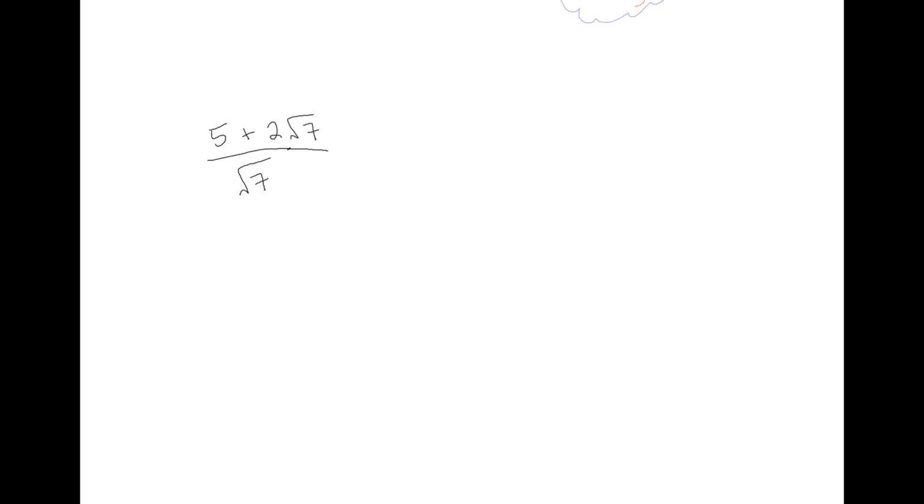So I'm going to multiply by square root of 7 over square root of 7. Square root of 7 times 5 plus 2 square root of 7 over square root of 7 times square root of 7.